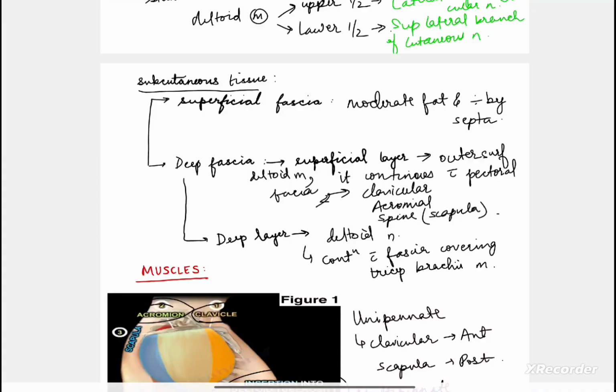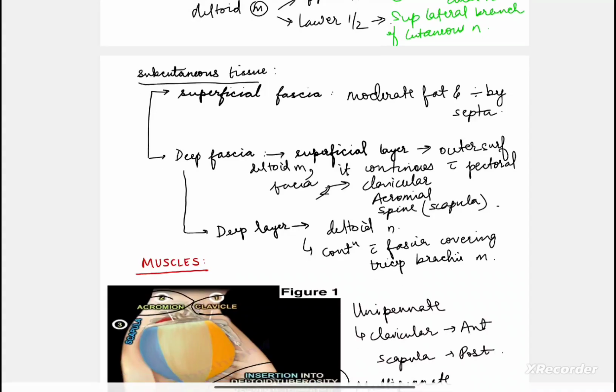This fascia subdivides the muscle into clavicular, acromial and spine, which is scapula. The deep layer of this deep fascia has the deltoid nerve, and this deep layer continues with the deep fascia covering triceps brachii muscle.